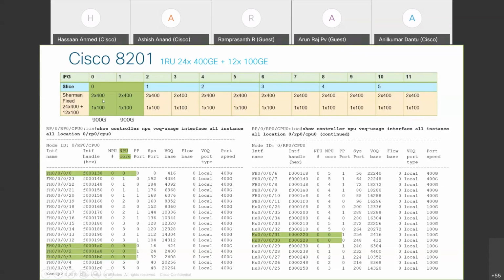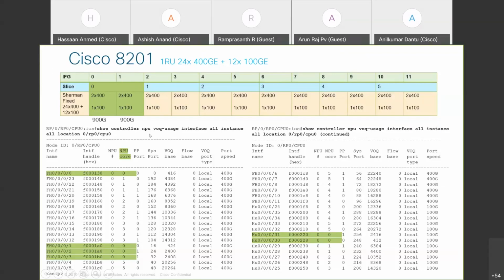So it will have 2 400 gig and 1 100 gig port, like 2 400 gig interfaces and 1 100 gig interface. This would form one interface group, 0. The second, 2 into 400 gig ports and 1 into 100 gig port, will form the interface group 1. So these whole 0 and 1 interface groups will be part of slice 0. Similarly, that's how the ports get allocated.